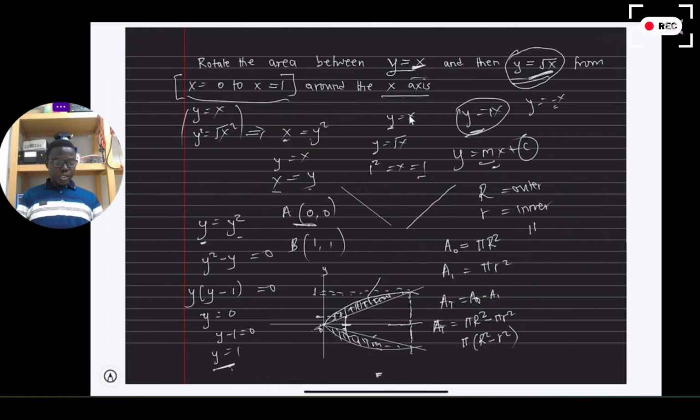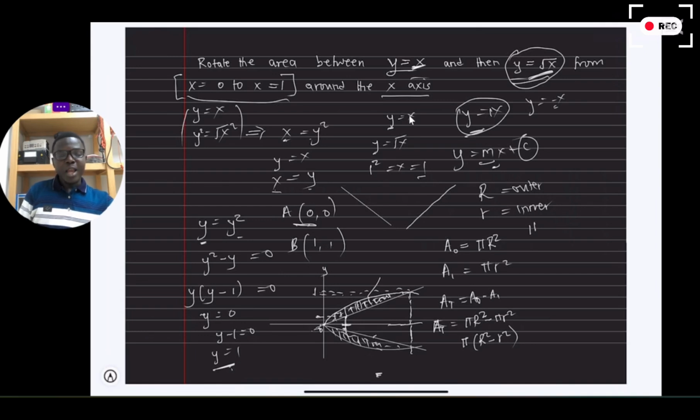So in solving this type of question where you have to plot the two functions, as I was saying earlier on, there are a few things that you have to consider. If you are being given the limit of integration, then you are lucky. If they don't give you the limit of integration, then you have to find it yourself. So how do you find the limit of integration yourself? First of all, you need to know which points these two functions are meeting.